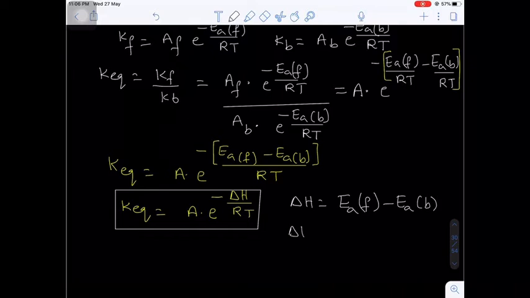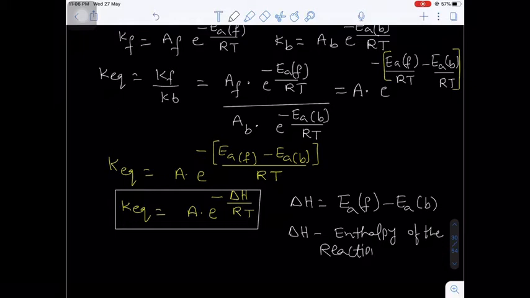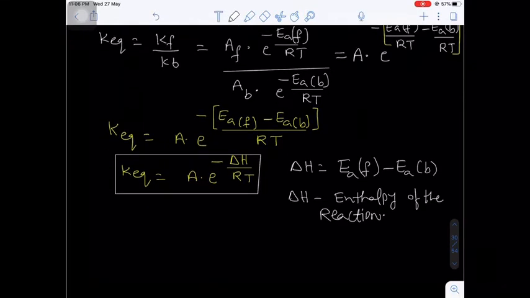Okay, now here this delta H is known as the enthalpy of the reaction.